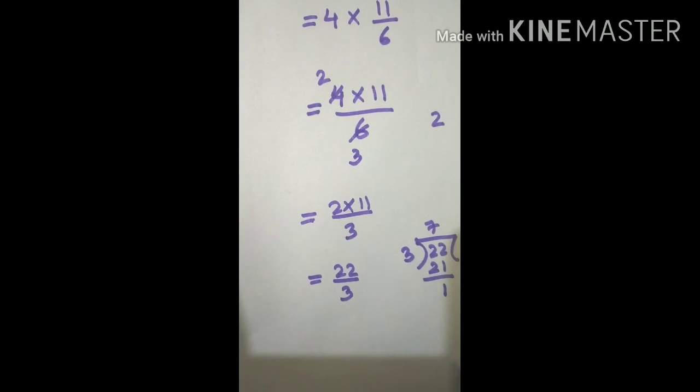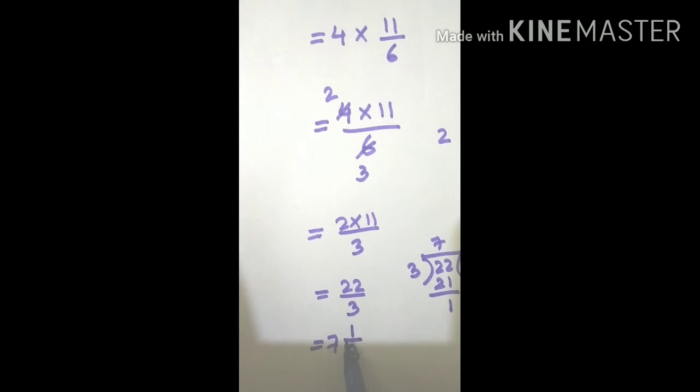So when we divide 22 by 3, we get 7 as the quotient and 1 as the remainder. Writing the mixed number, we will write 7 as the whole number and 1 as the numerator, and the divisor 3 will become the denominator. So students, 7 1 by 3 is the answer.